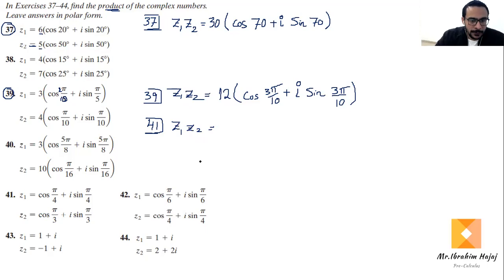The R is 1, right? So cosine 7 pi and sine 7 pi. How 7 pi? Because here is 3 pi over 12 plus 4 pi over 12, which is 7 pi over 12. Yes, 7 pi over 12 plus I sine. Abdulillah, thank you.